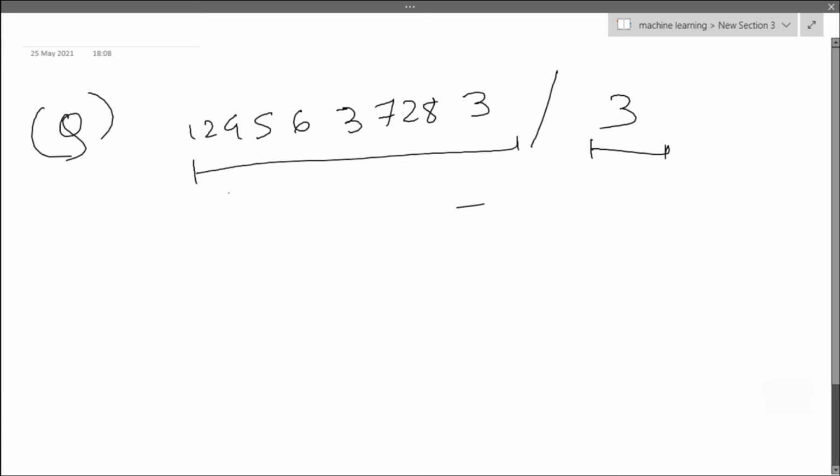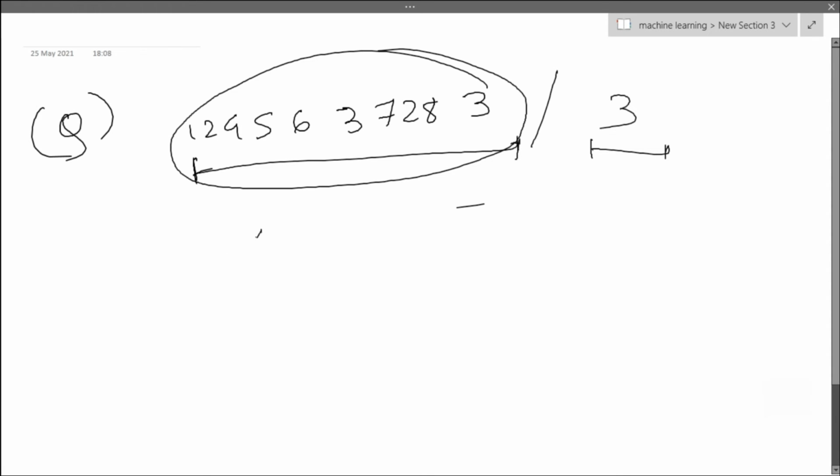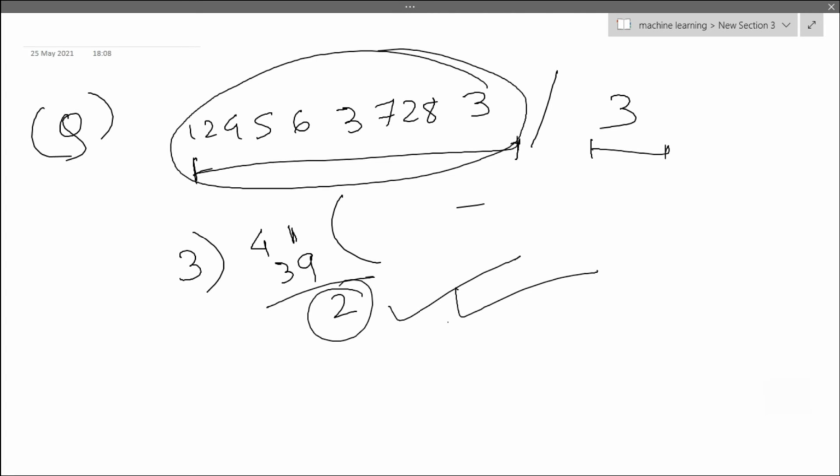The shortcut trick is to find the sum of digits of this number. The sum of digits of this number is 41, and take its remainder by 3. The remainder is 2. This is the answer. So you have to apply the shortcut trick to save your time in the exam.